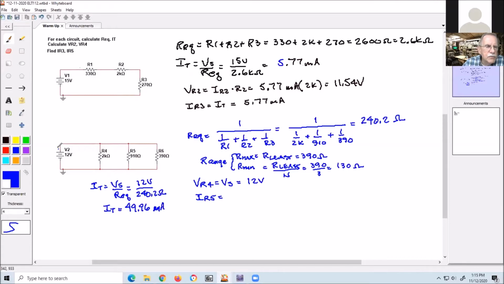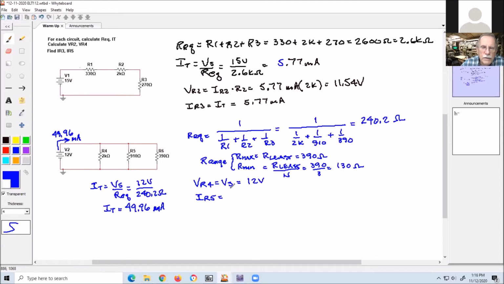So remember, that's the current that's leaving the source and going into the circuit. And it splits up. Part of that 49.96 goes into R4, part goes into R5, part goes into R6. That was Kirchhoff's current law: the current entering equals the sum of the currents leaving. Okay?